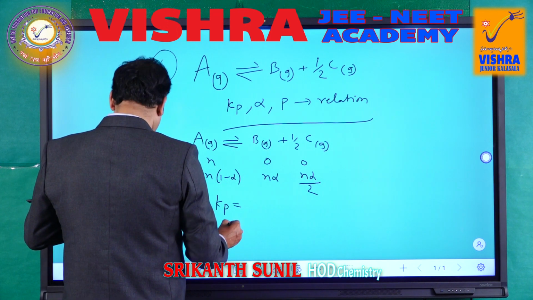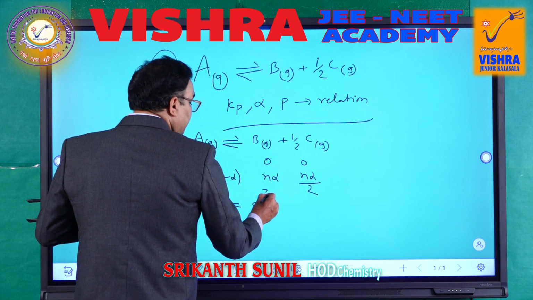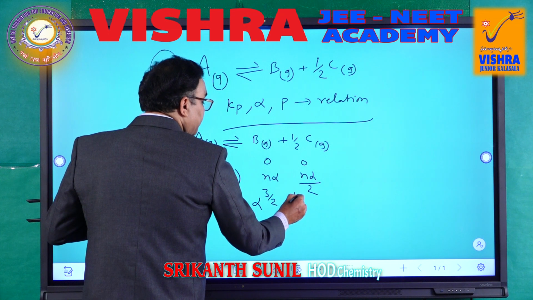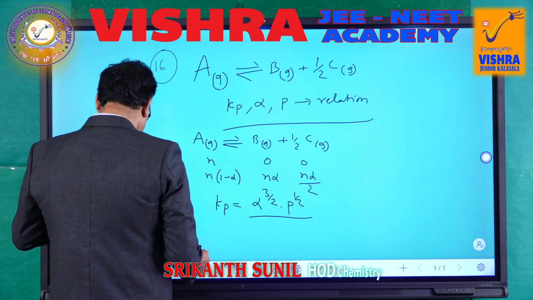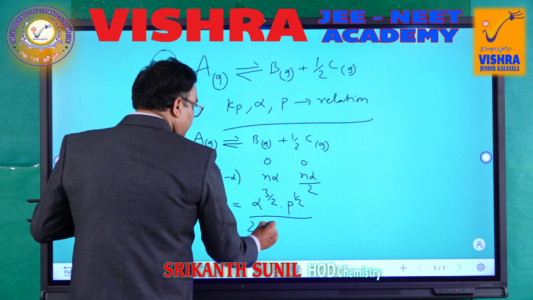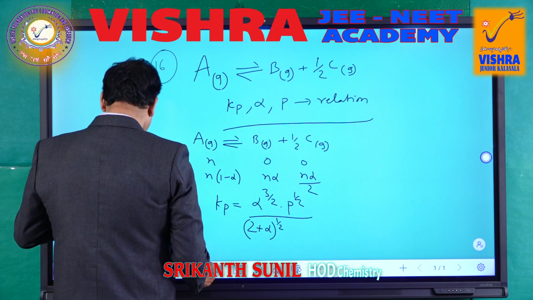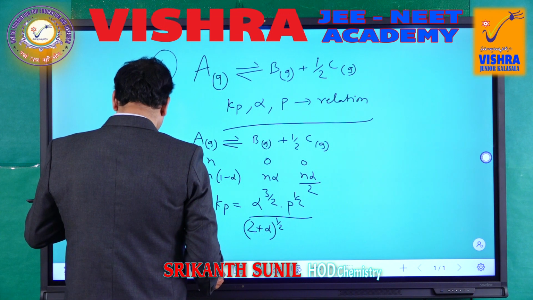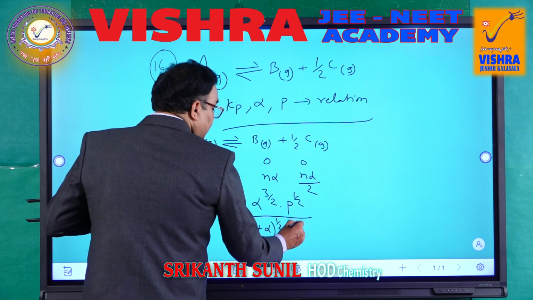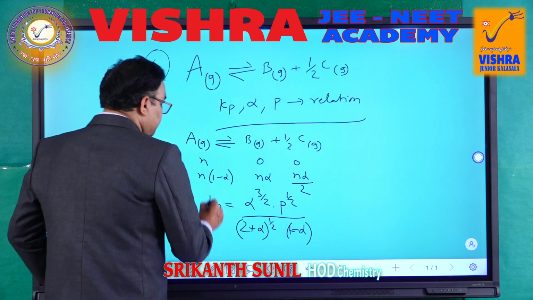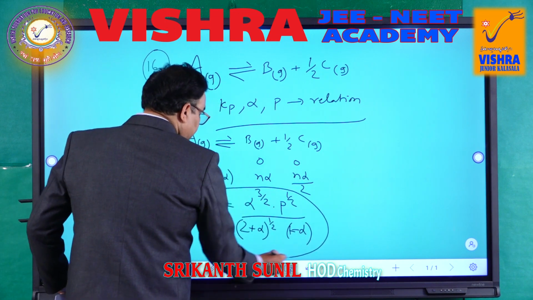Kp value is equal to alpha to the power of 3 by 2 into P to the power of 1 by 2, divided by (2 plus alpha) whole to the power of 1 by 2, and (1 minus alpha). This one is the expression that you are going to get.